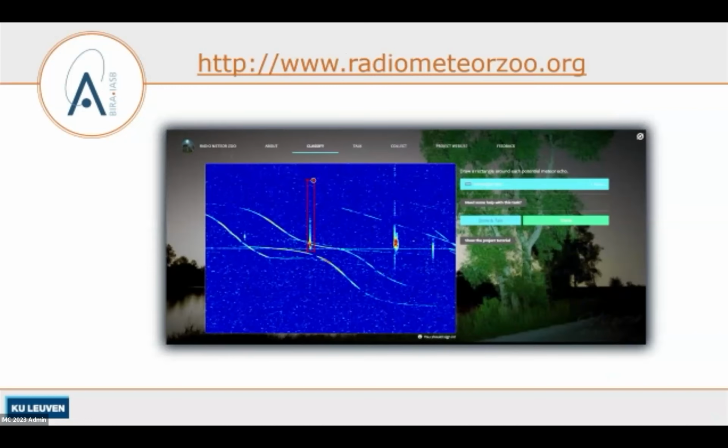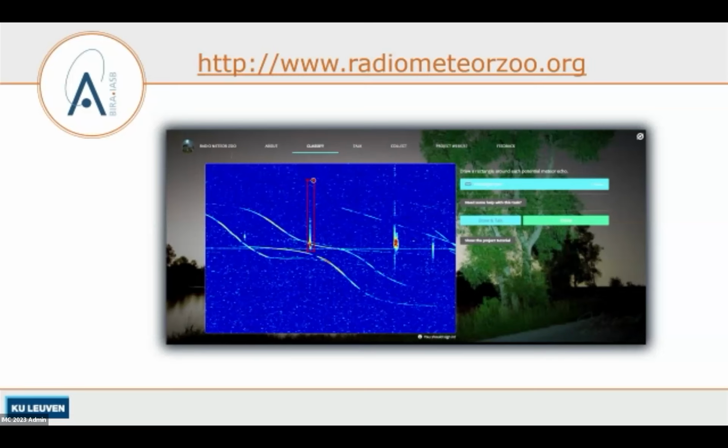For the underdense meteors, it's quite easy to detect them automatically, but for the overdense ones, it's more complicated because they can have very different shapes. Therefore, we decided to start a citizen science project, the Radio Meteor Zoo, where we ask volunteers to help us identify the meteors in our observations during the meteor showers, especially the overdense echoes.